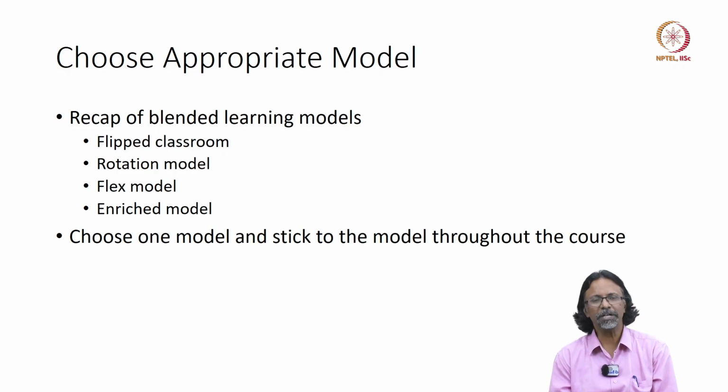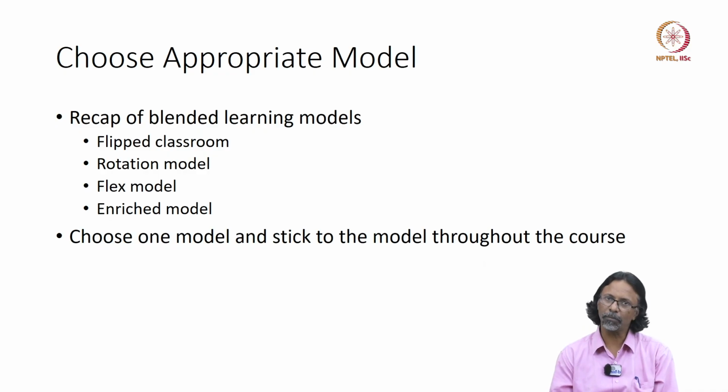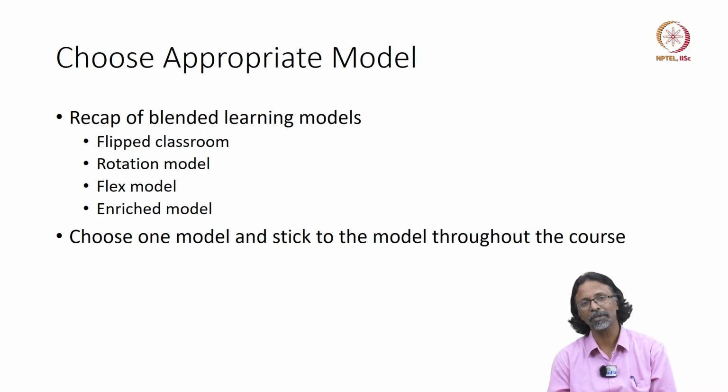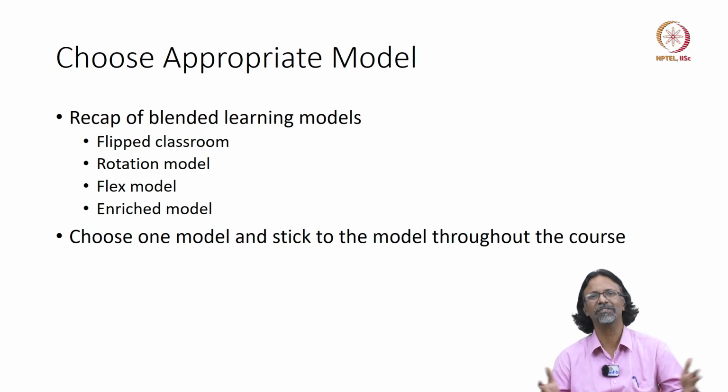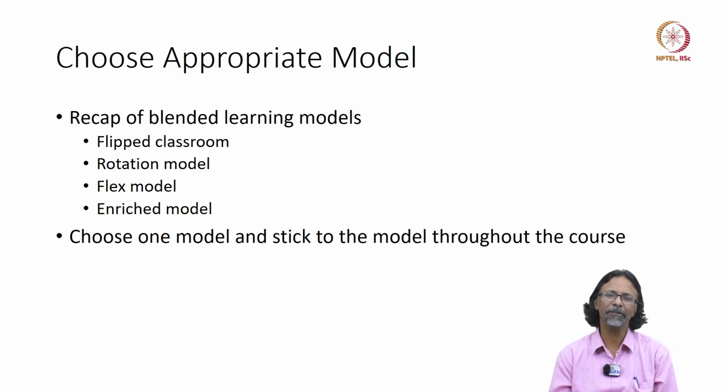So, for traditional on-campus courses, you can definitely explore the flipped classroom model, or even the rotation model also works equally well, because in both these cases, the traditional on-campus programs will have a fixed timetable, which is definitely beneficial.